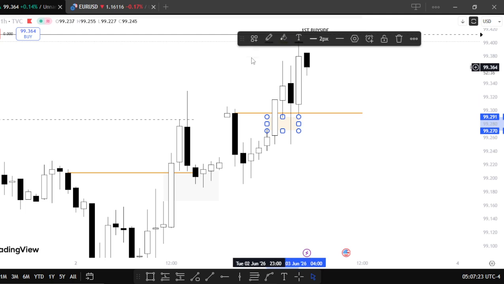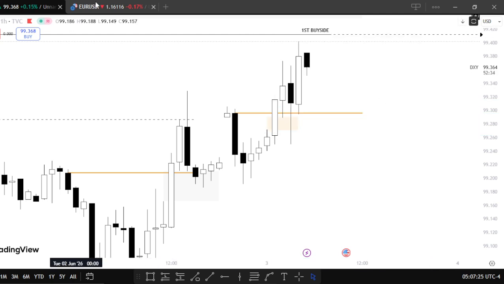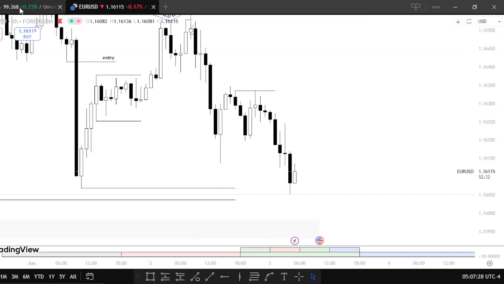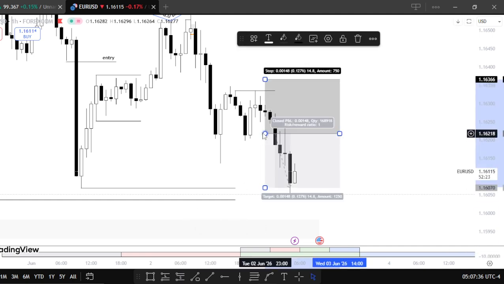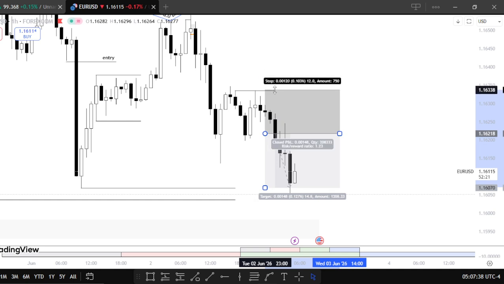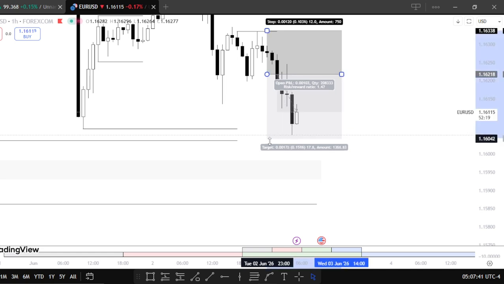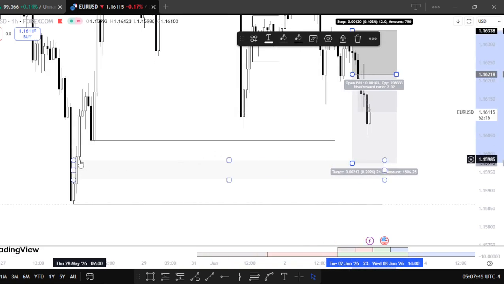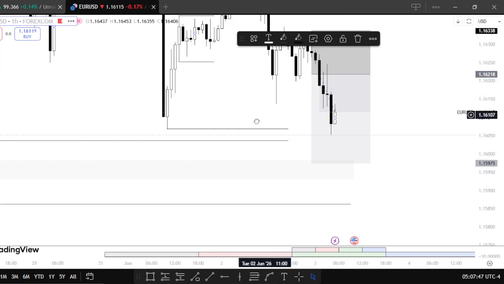So this is the fair value gap we trade from. So here you can just take a trade like that, put your stop here and target 2R, which is in this fair value gap.